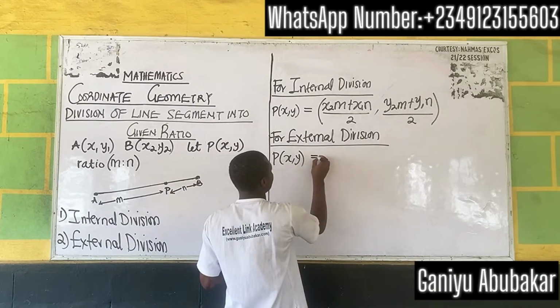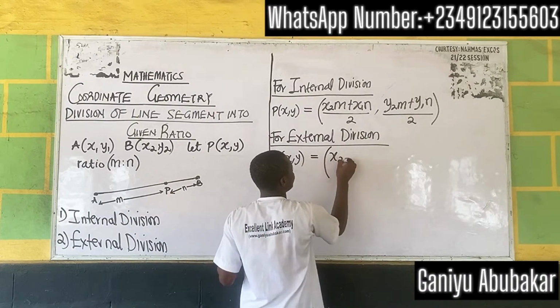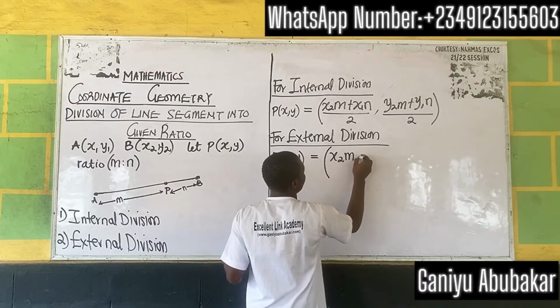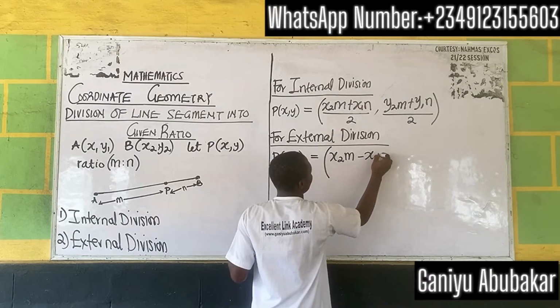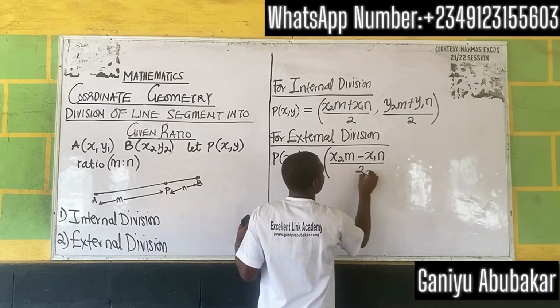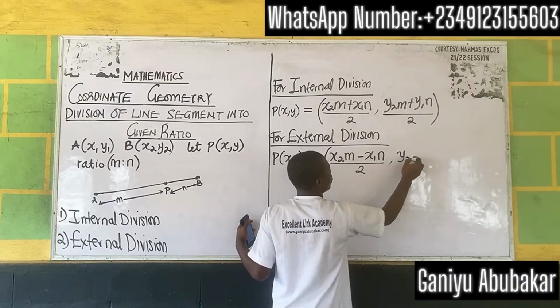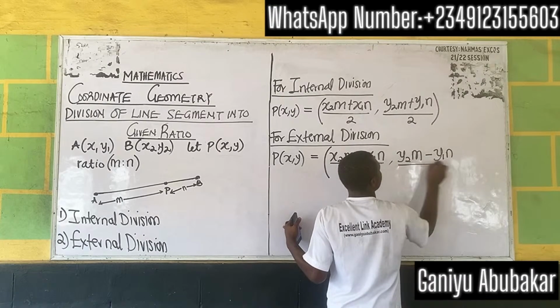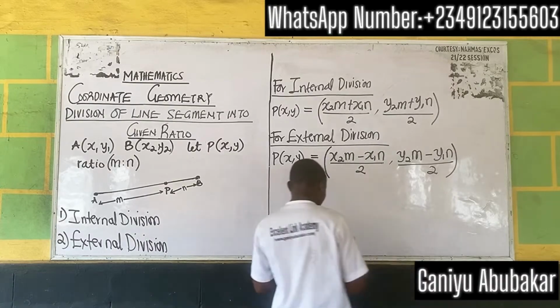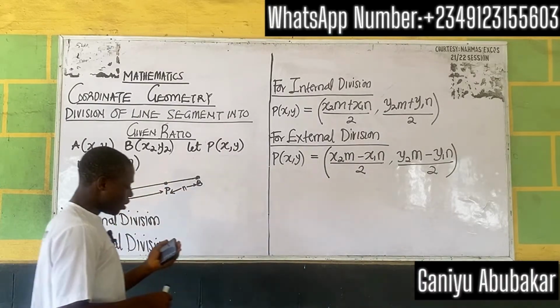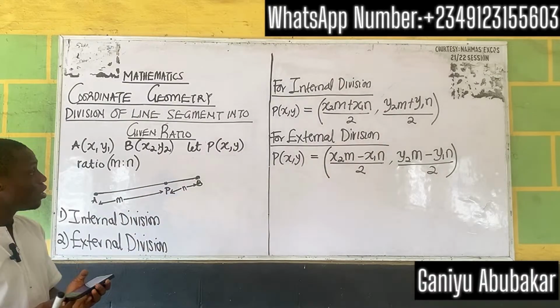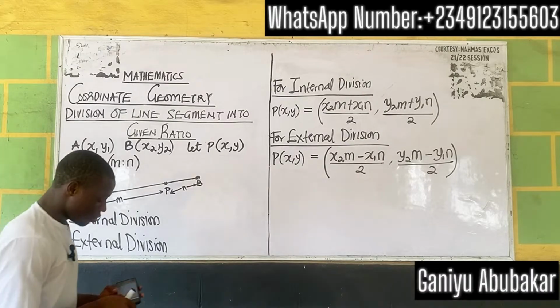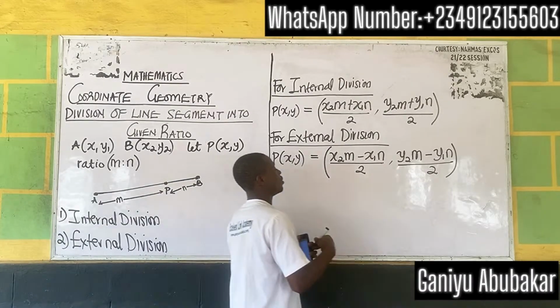So this is now equal to the same thing: ((x2m minus x1n) over (m minus n), (y2m minus y1n) over (m minus n)). Here is m plus n, not 2, please.